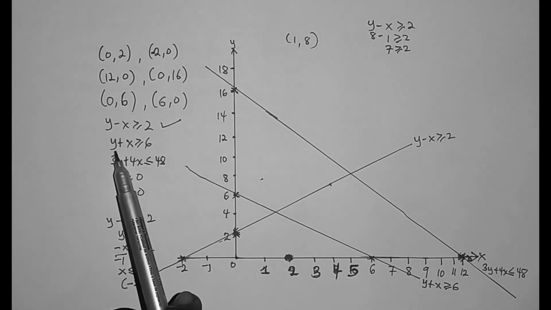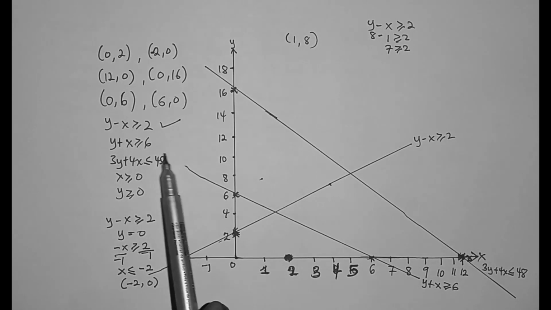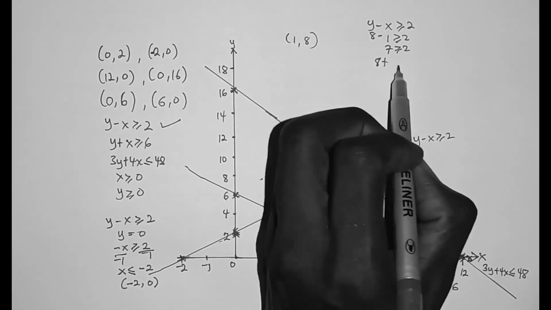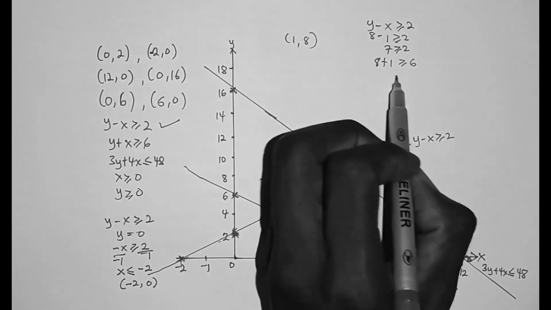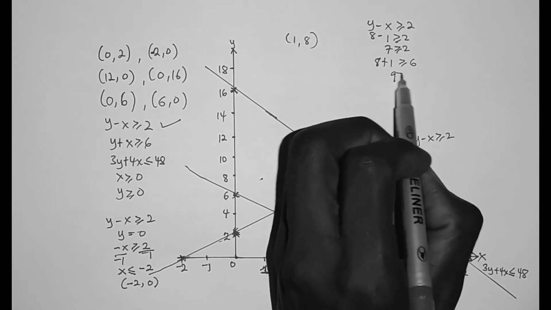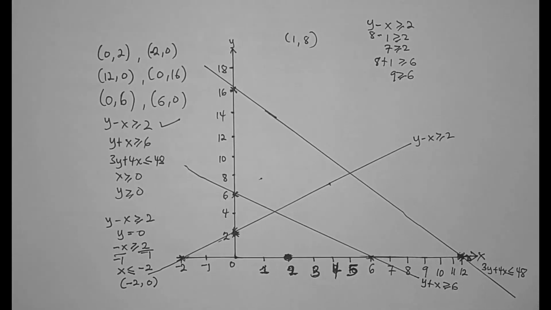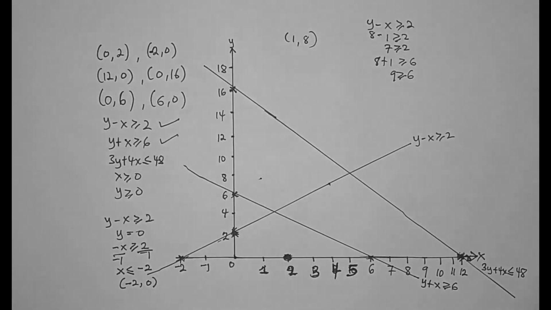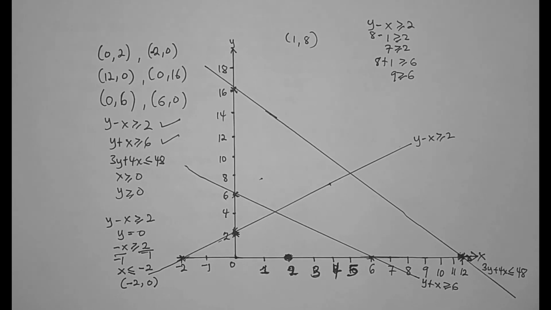Now we also have y plus x is greater than or equal to 6. So 8 plus 1 is 9, and it is true that 9 is greater than or equal to 6. Therefore that point also satisfies this constraint.